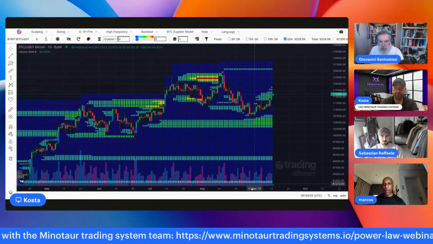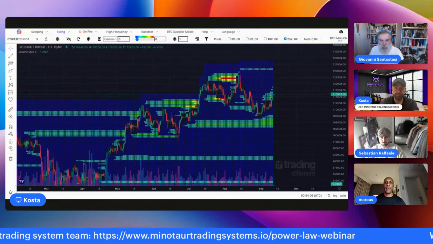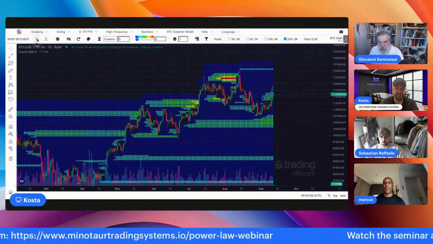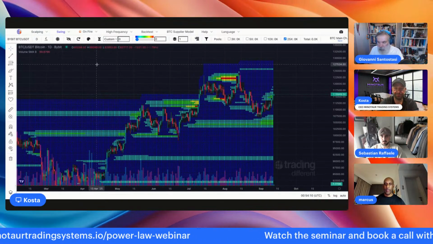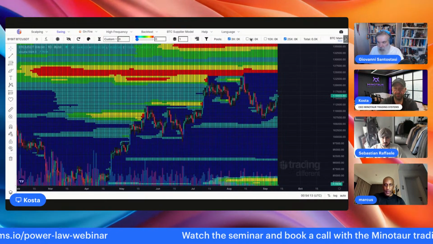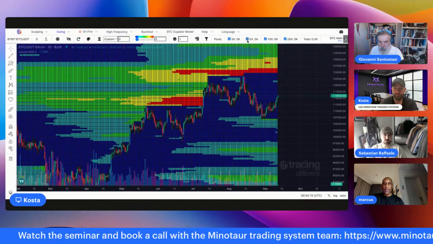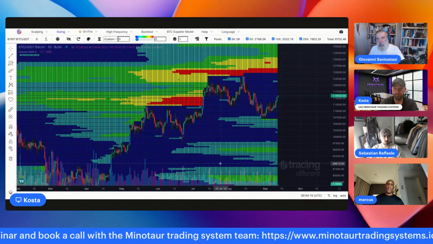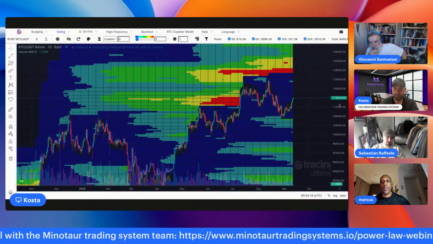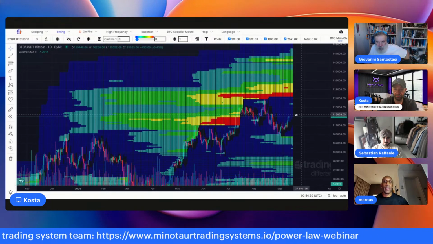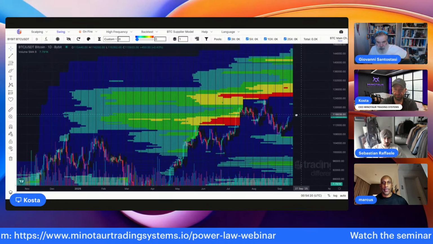Okay, Costa, if you could go to the daily time frame, please, and you can put all the liquidity in there. Yeah, there you go. Just based on that, you can zoom out a little bit so we can see the entire range. Awesome.